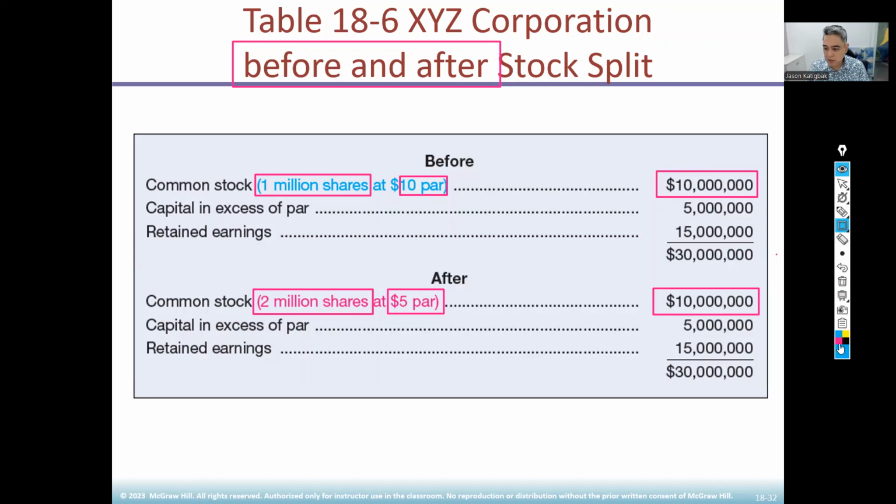The same goes for the baseline. Everything is the same, 30 million. Compared to the stock dividends, here there is no change in anything anymore. It's the par value getting diluted. That's the most important thing. This is the major change on a stock split.